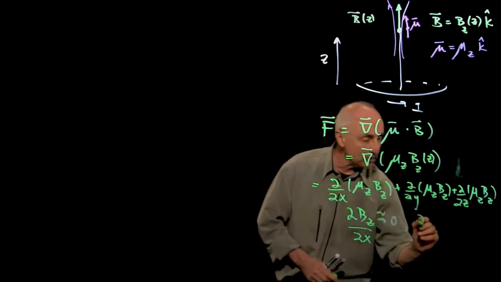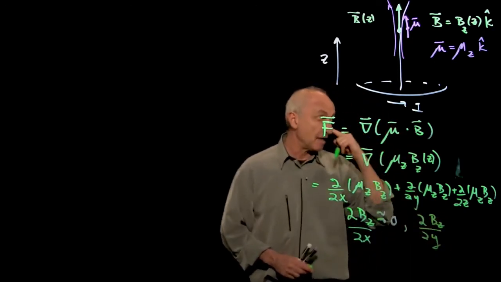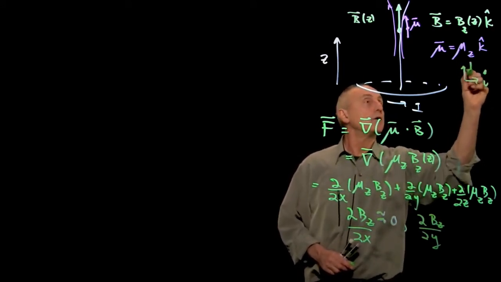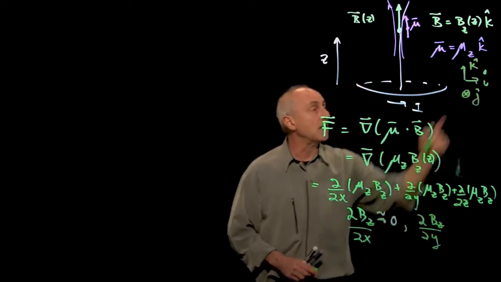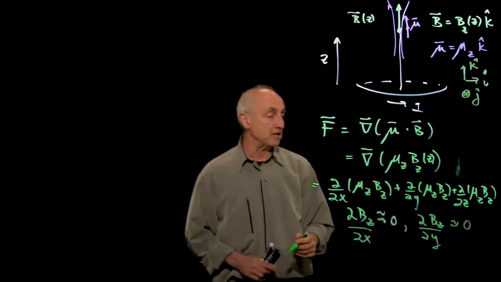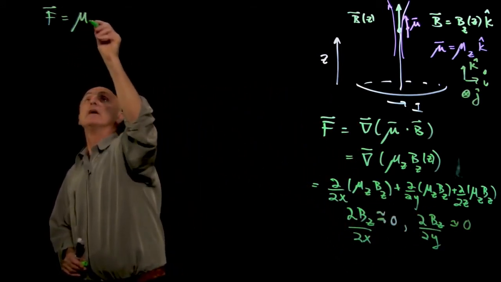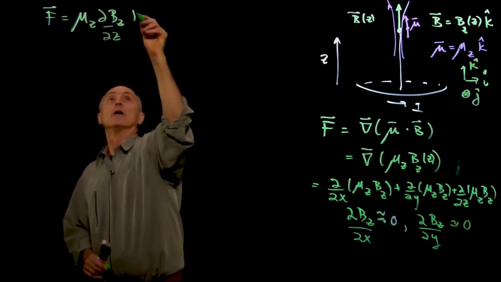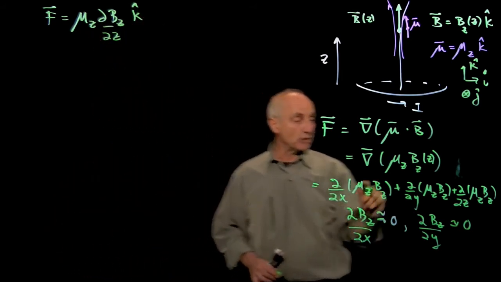In the same way, we're assuming that in the y direction, if we choose i hat, where k hat is into the board, and j hat, k hat is in this direction, that derivative is also essentially 0. So the only non-zero derivative is on the z component of the magnetic field, and that's our force in this particular direction.